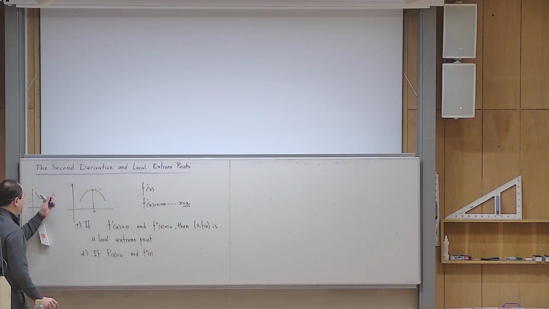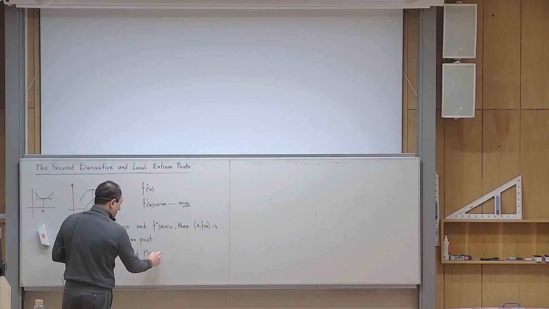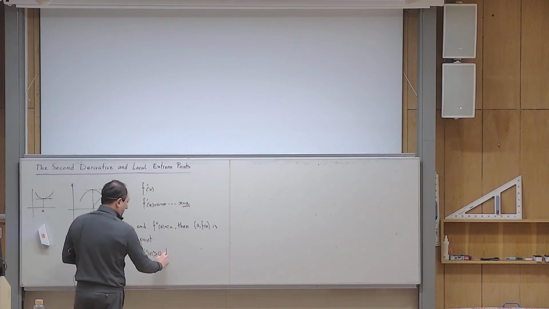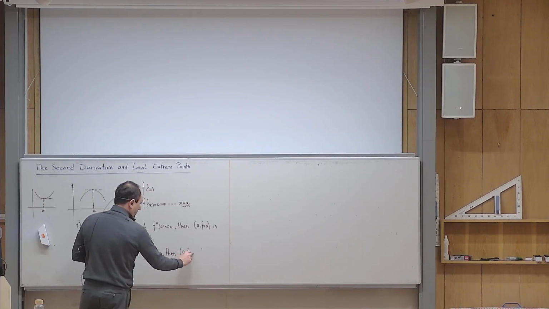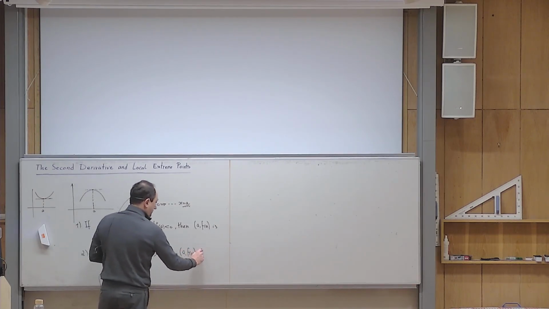This time, if I have a minimum, not only is the first derivative 0, but the second derivative should be positive, because in the vicinity of that point it should be concave up.